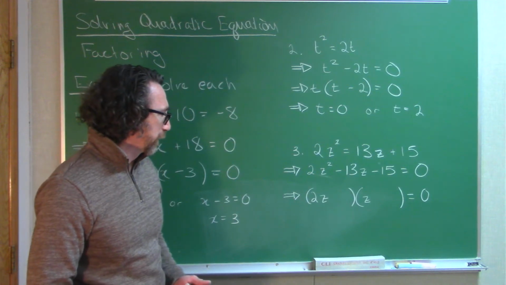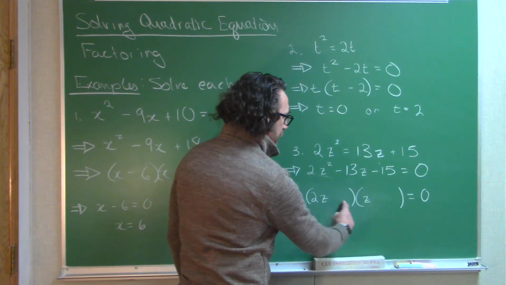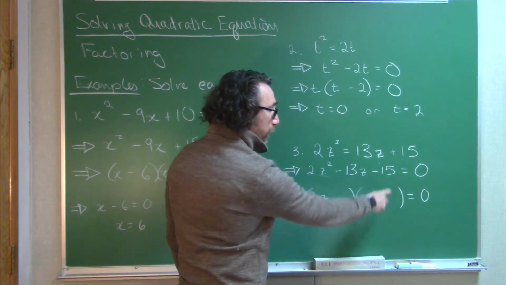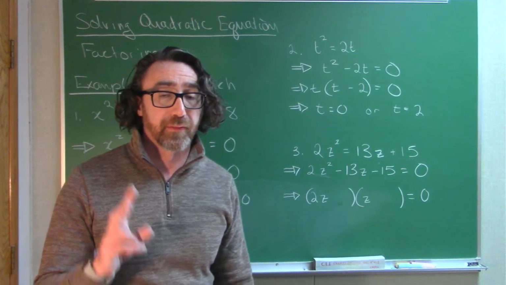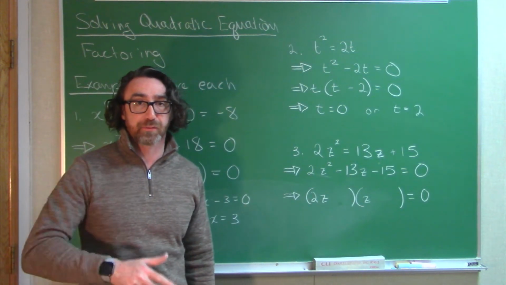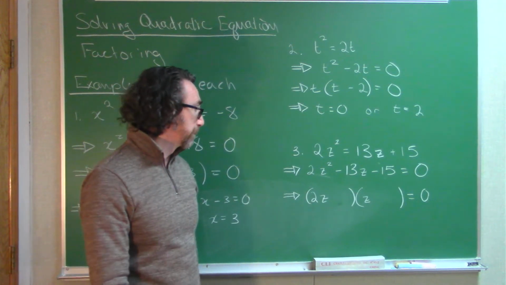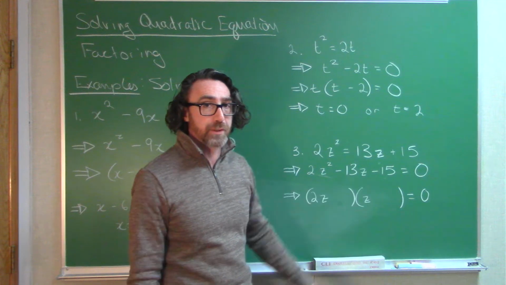Now, I'm looking for what to put here and here. Those numbers have to multiply together to give me negative 15. That means they have to have different signs. One of them's positive, one of them's negative. That's the only way to get a negative product is to have two different signs.